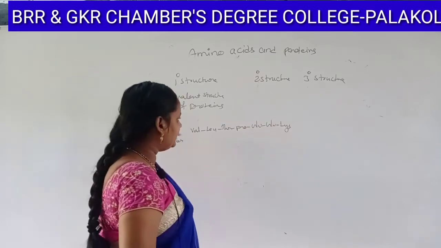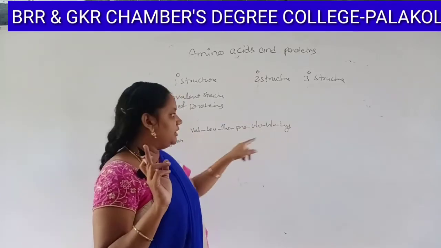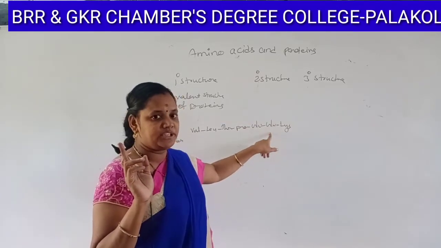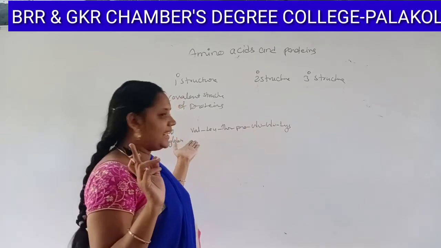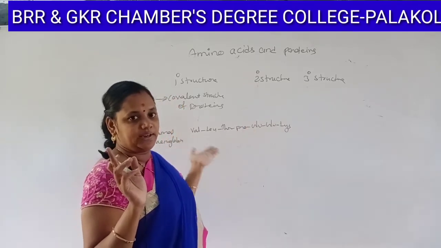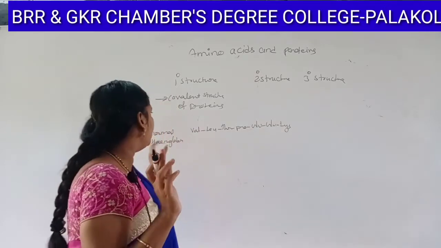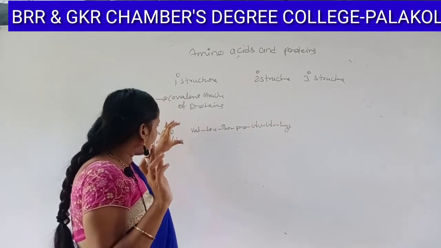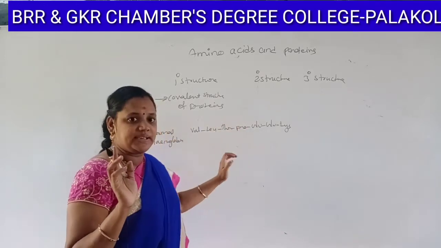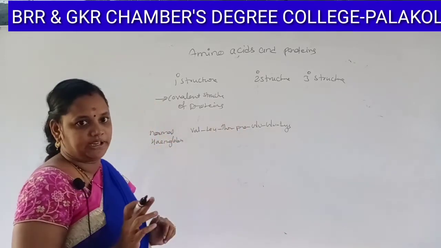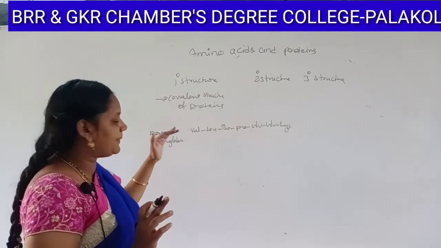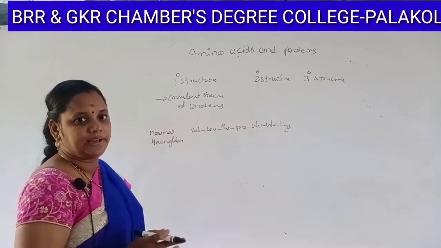I am not completing these names; you have to learn from the table. LYS means lysine, GLU means glutamic acid. I have written the abbreviated forms. This is the connection of a series of amino acids present in normal hemoglobin. So this is the primary structure of normal hemoglobin.